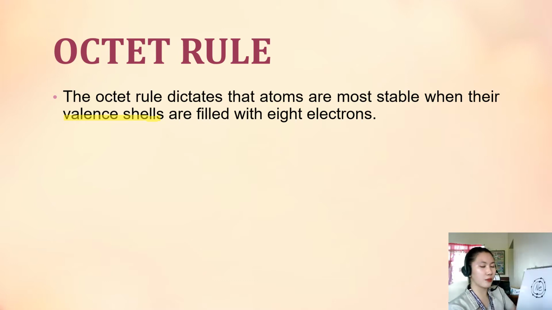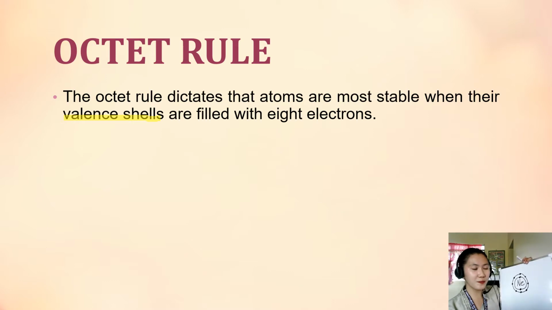So for example, let us have here neon. Si neon, meron siyang atomic number na 10. So I have here my periodic table of elements. Meron siyang atomic number na 10, so this means yung number of protons and number of electrons niya ay 10 as well. So according to the octet rule, on the first shell, so these are the shells, okay?